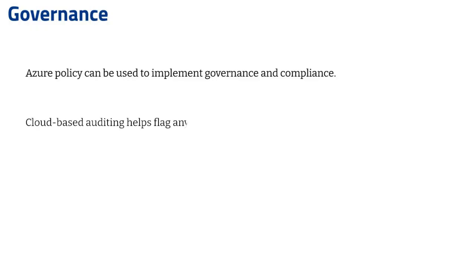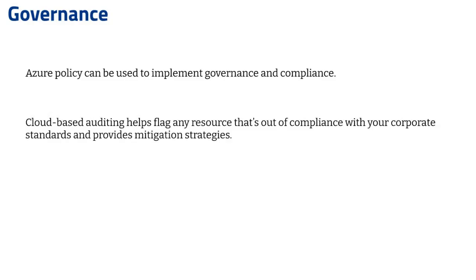Cloud-based auditing is another thing that we can implement under governance and compliance, and it helps to flag any resources that are out of compliance with your corporate standard and provides mitigation strategies. So, depending on your operating model, software patches and updates may also automatically be applied, which helps with both governance and security.